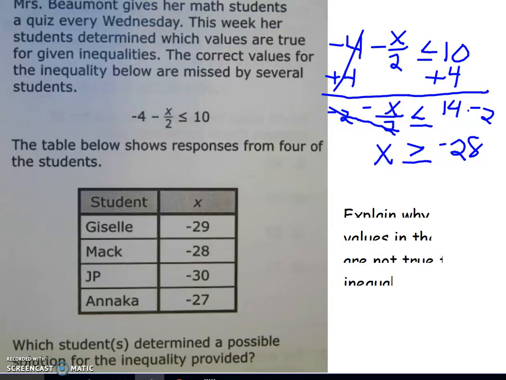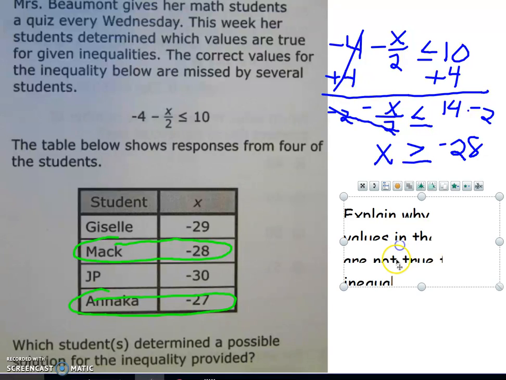So which 2 students determine a possible solution? It would be Mac, and it would be Anaka. Okay, and then the last part, it says, explain why the values are not true for this inequality.